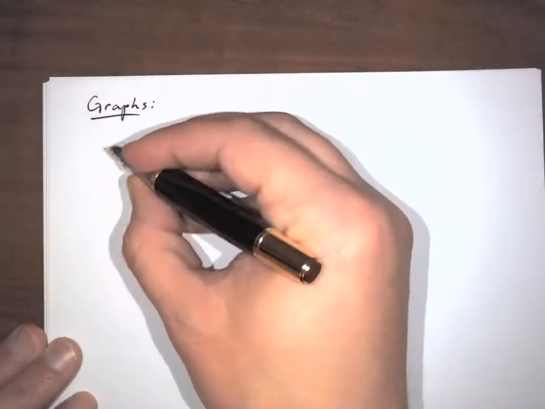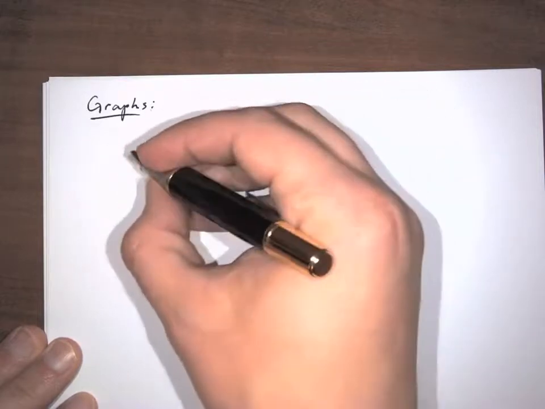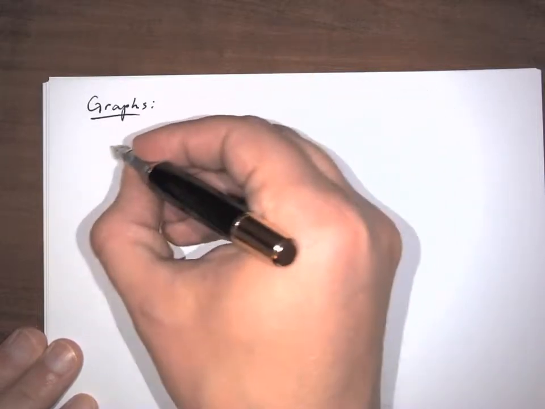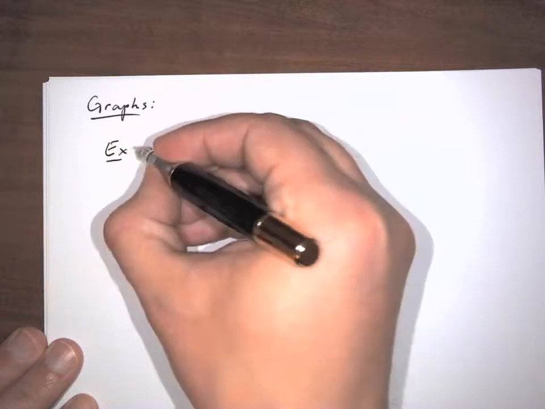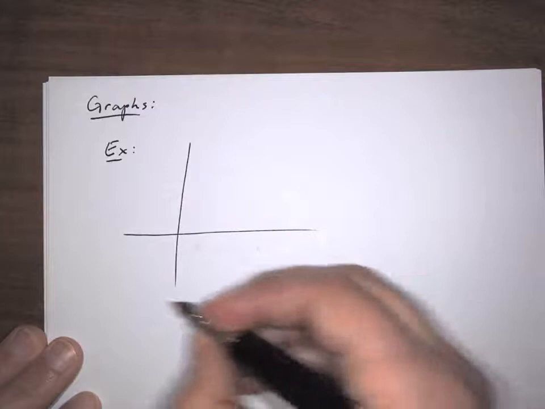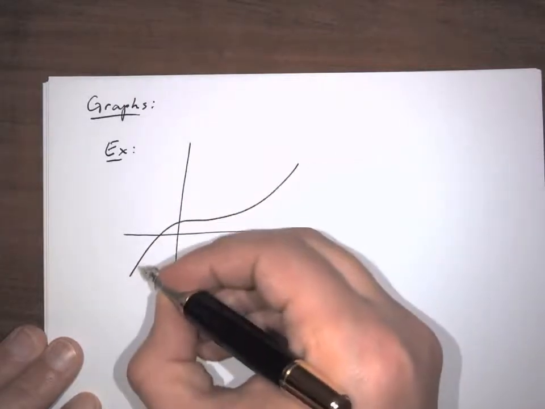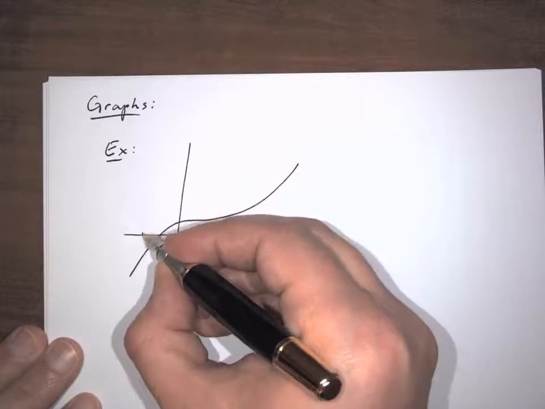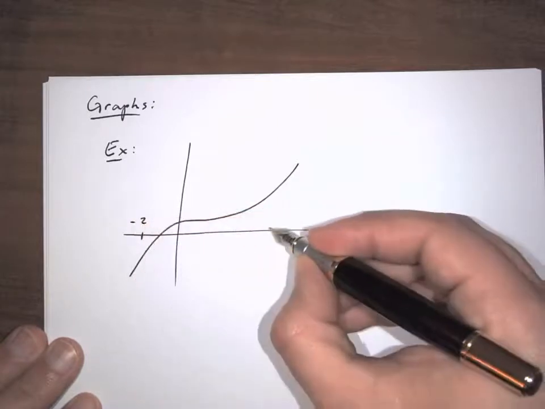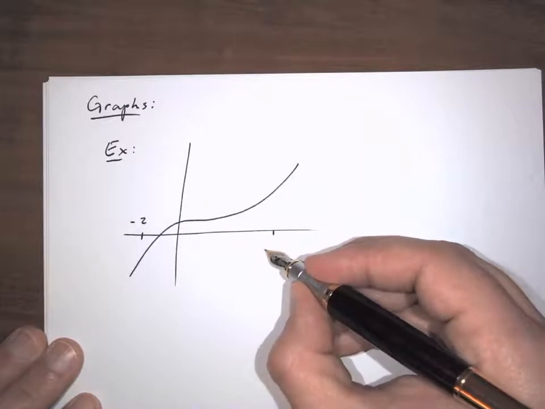So if what we have is a graph, we just need to peel off the important information. So let's say, as an example, what we have is a graph that's going like so. And let's say we are interested in the rate of change from -2 to +6.